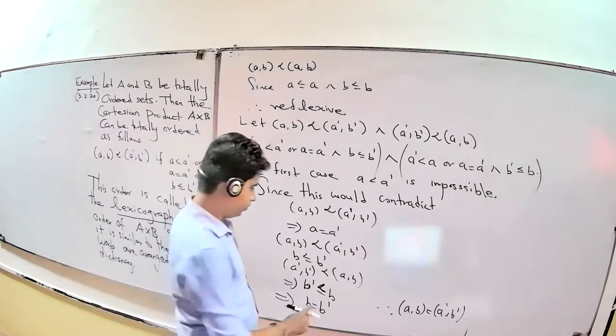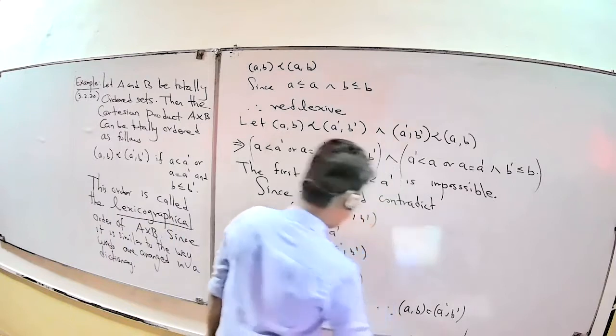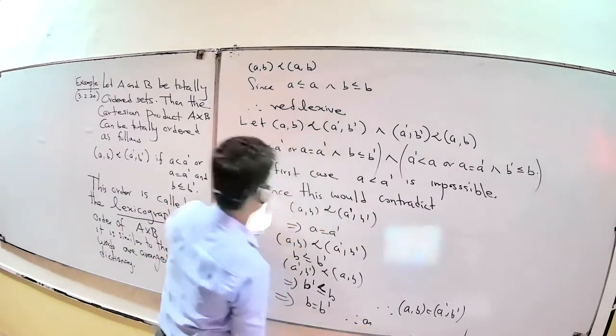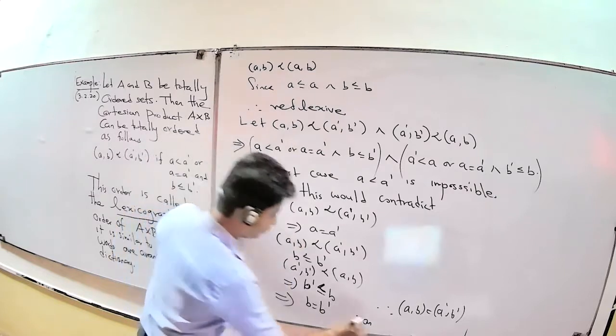Therefore, since both coordinates are equal, the relation is antisymmetric.